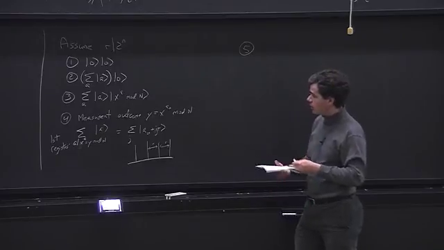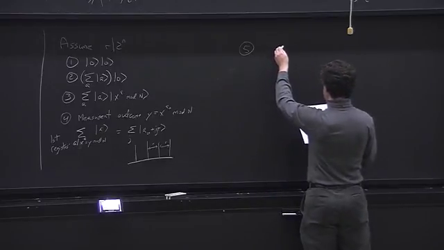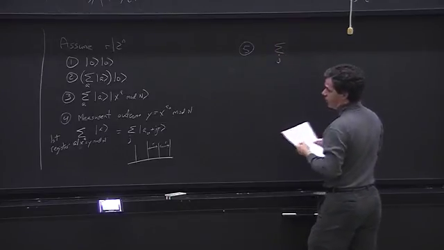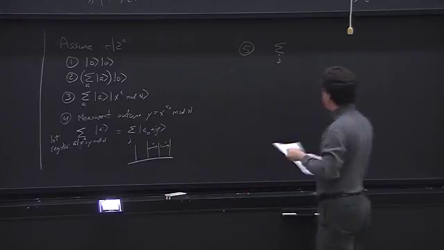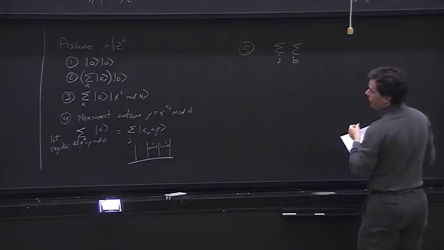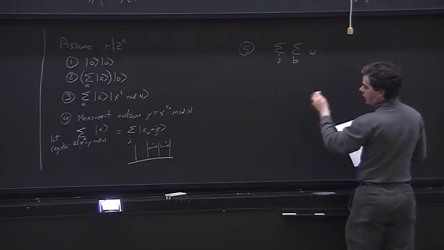Let's calculate this out a bit more explicitly. So what do we have? We have the sum over j, and this basis state here goes to the sum over b of omega to the a times b. So what is a?